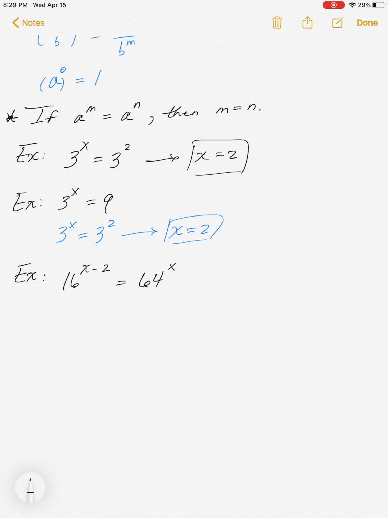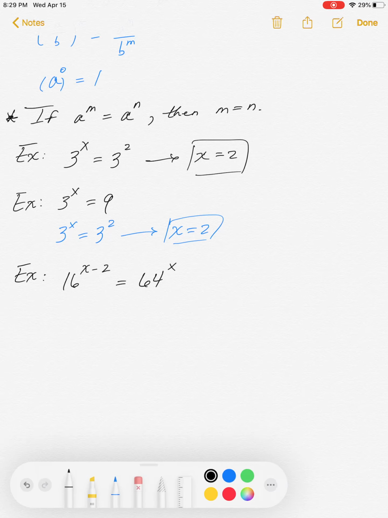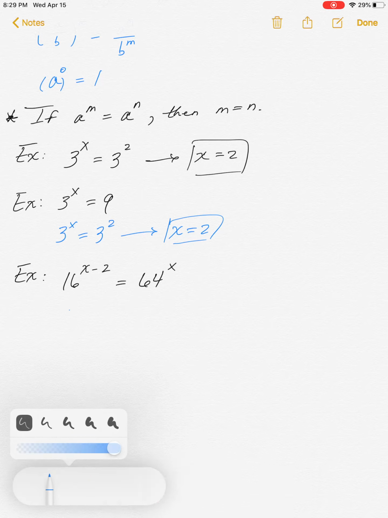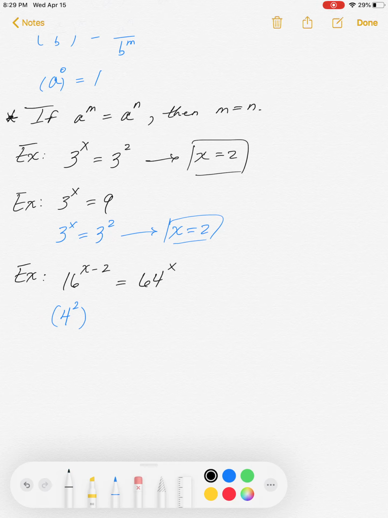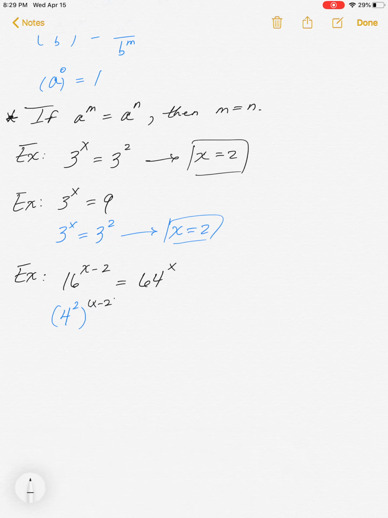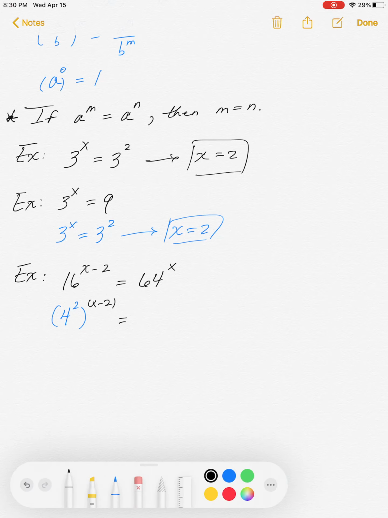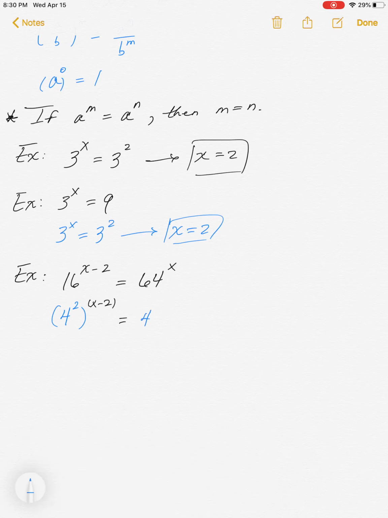But let's look at those bases: 16 and 64. Can those bases be written using a common base? If you say yeah, it's because you're so intelligent. The common base is 4. 16 is 4 squared, raised to the x minus 2, equals 64, which is 4 cubed, raised to the x power.